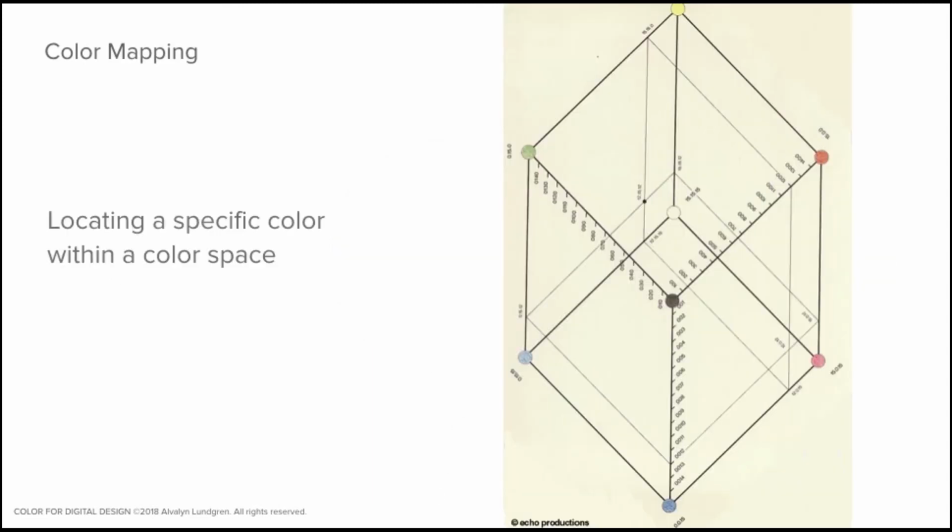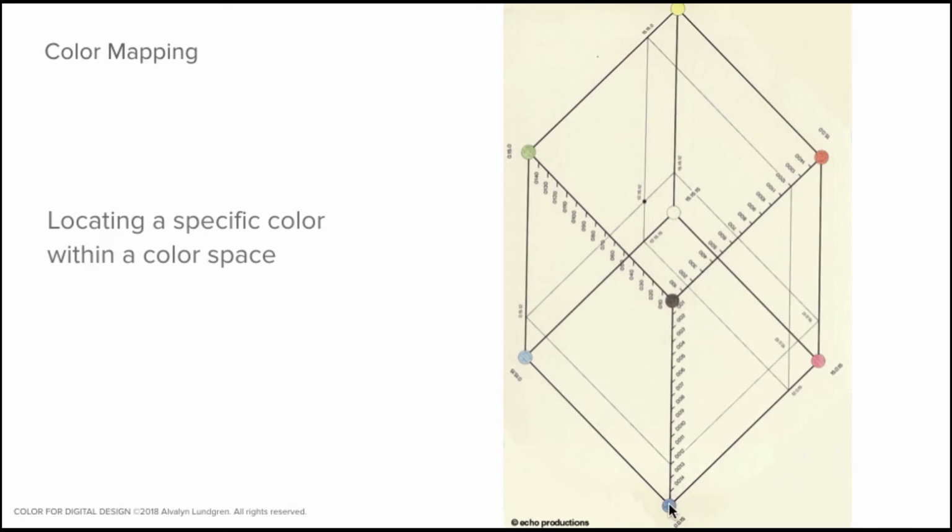Color mapping is the process of defining a particular color based on coordinates within a color space. So this would be an example of a CMYK color space. We've got black and we've got white, and these are opposite corners within a six-sided cube. And so we have three dimensions, this dimension, this dimension, and this dimension.